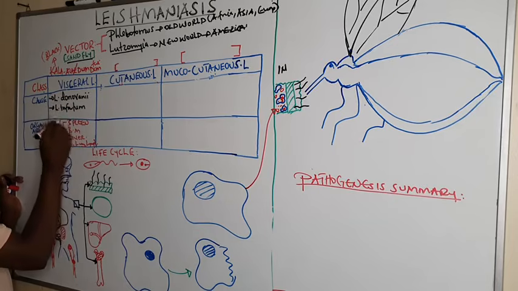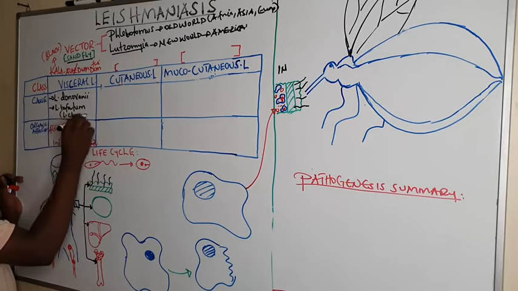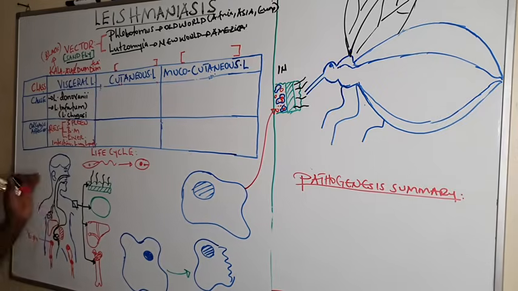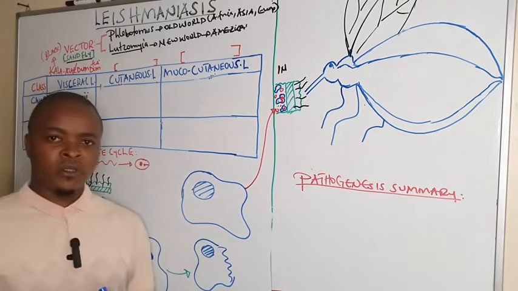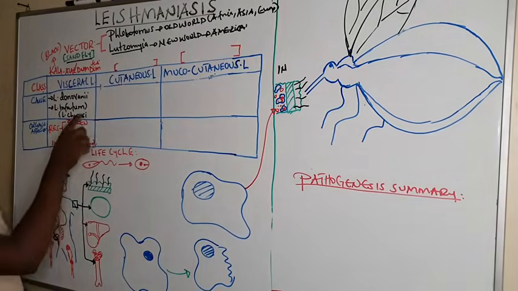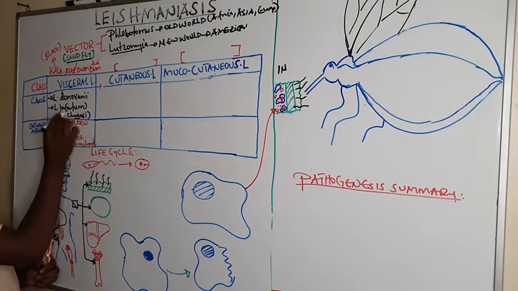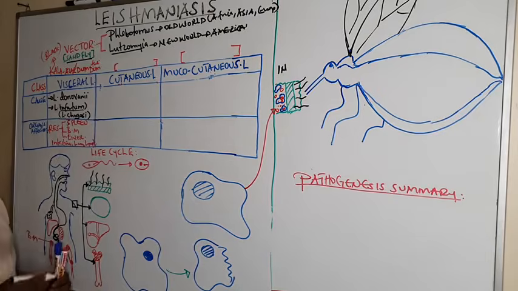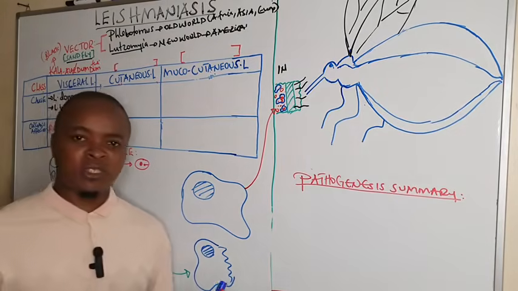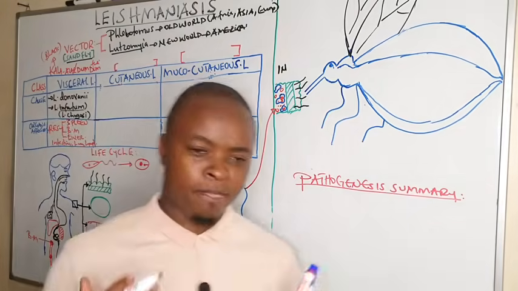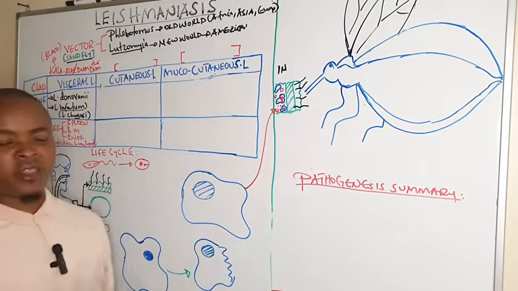This Leishmania infantum, in America, they regard it as Leishmania chagasi. But in the Old World, it is infantum. So they are the same species, but they differ. They are named according to the location where they are found.